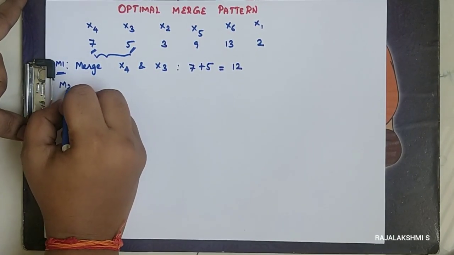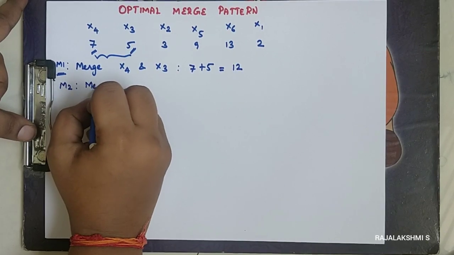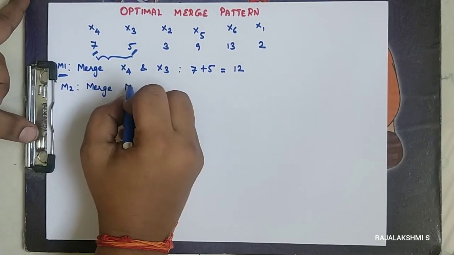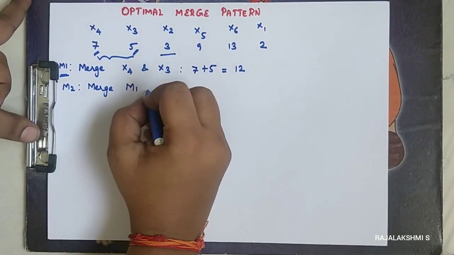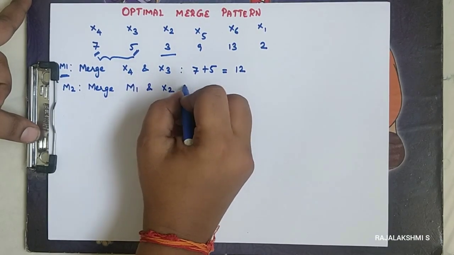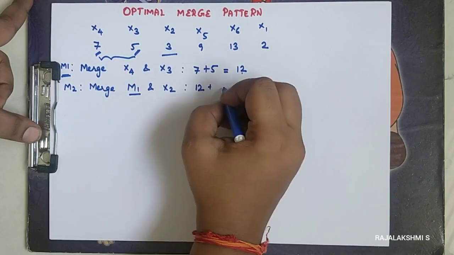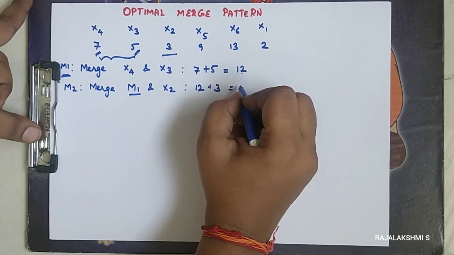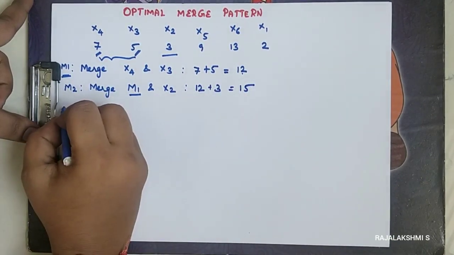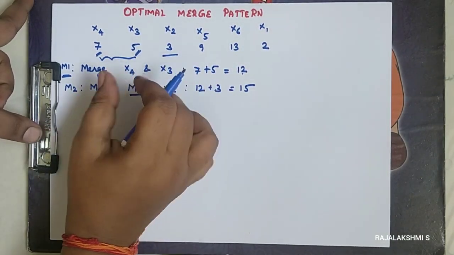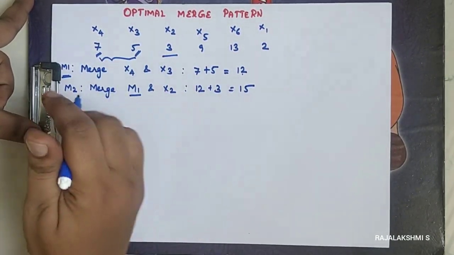So now the next merge is to merge this m1 with the next file, say x2. So the size of m1 is now, we found it as 12, and size of x2 is 3. So it will be equivalent to 15, right? So now we combined this into a single file, right?